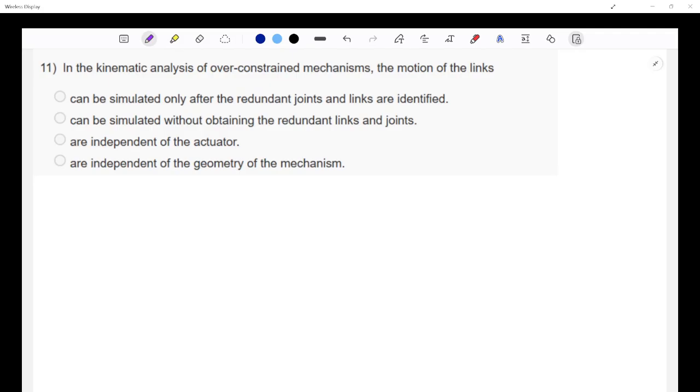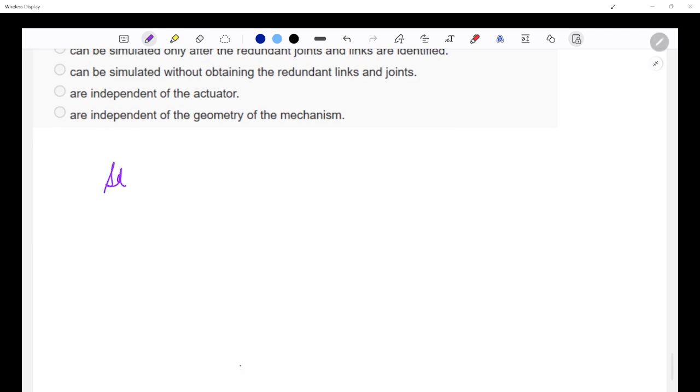So the workflow for an over-constrained mechanism is, there are certain steps that we need to follow, right? We need to identify redundancy. So how do we do that? We use the constraint Jacobian. We find what the redundant joints and redundant links are.